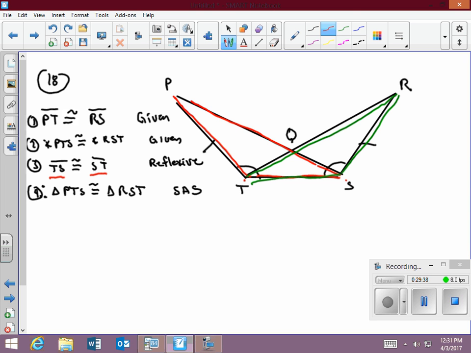And then make sure that when you list the triangles in the congruency, the vertices match in order: this vertex and this vertex match, and then this one and this one match. Because if you don't, technically it's wrong. So order is going to be important. It's not just seeing it and then stating it anyway. All of those things have to be done correctly.